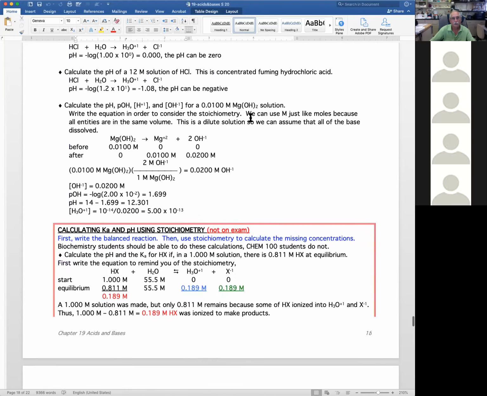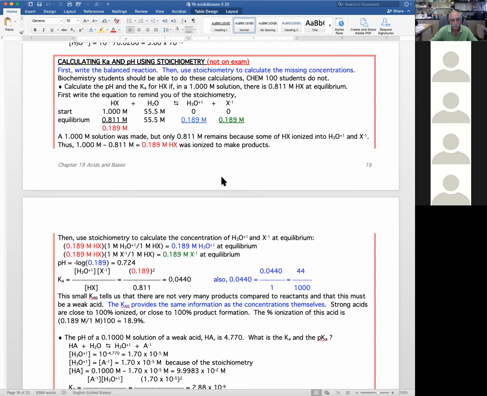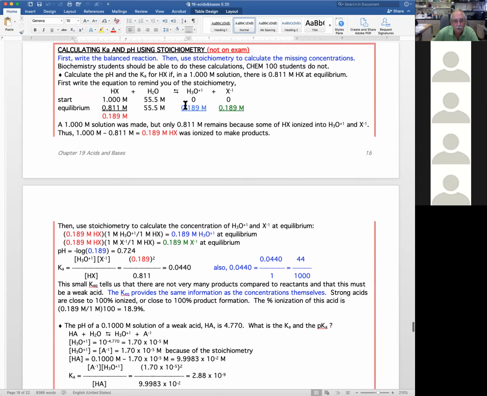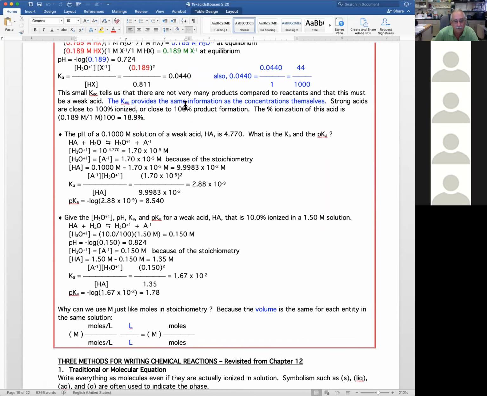Same thing for hydroxides. And can we do this simply using stoichiometry? Yes, we can. I won't put it on the exam, but I feel like it should be, but I won't.